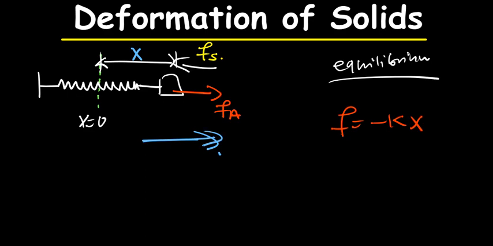Then the force that we call the restoring force is moving in the opposite direction to the applied force. It is moving in this direction. That is the restoring force. So the negative comes in because the force is moving in the opposite direction to the displacement. That's the reason why we always say that the restoring force is given by negative k times x, where x is the displacement, F is the restoring force, and k is the spring constant.